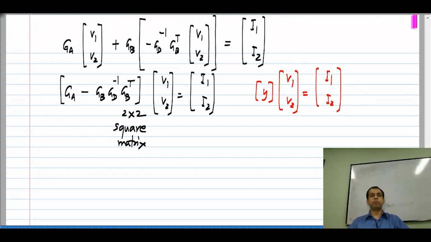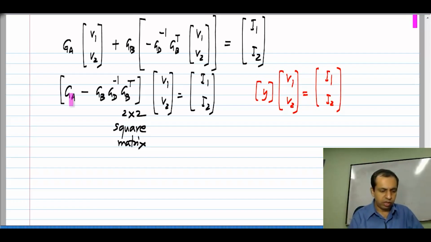But most importantly, what we want to see is whether this matrix is symmetric. If the Y parameter matrix is symmetric, the inverse Z parameter matrix will also be symmetric, and either way we have proved reciprocity. So to prove reciprocity we have to prove that y12 equals y21 or z12 equals z21, that is, the Y parameter matrix or the Z parameter matrix is symmetric.